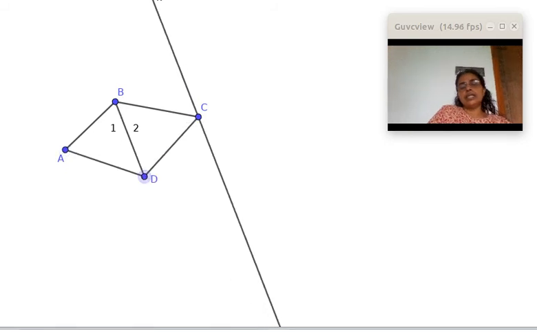Here, mark a point on the parallel line where AB touches it, and also a point on the parallel line where AD touches it.